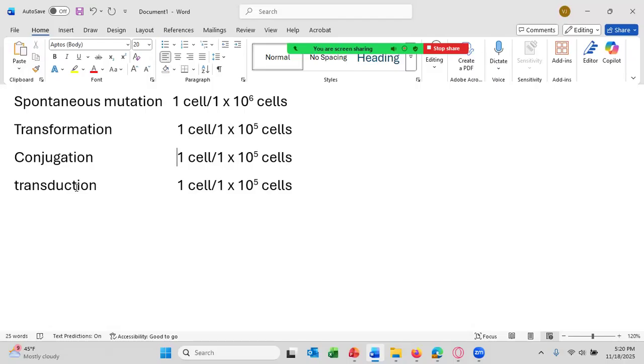When a cell gets a new phenotype, one that it did not have, it is more likely to get it from transformation, conjugation, and transduction than from spontaneous mutation. In fact, it's 10 times more likely to get it from one of these three than through spontaneous mutation. Any question about any of that?